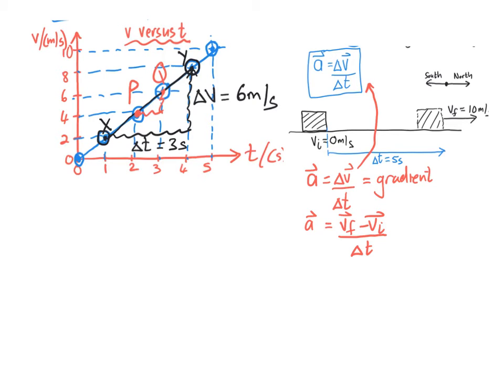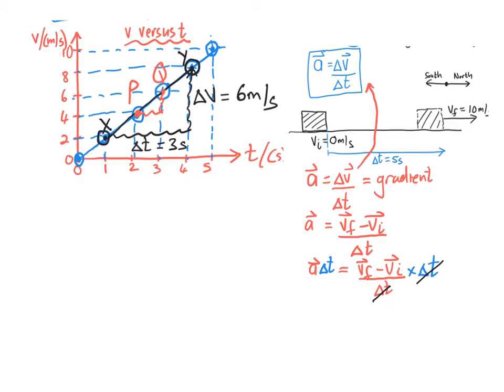And now if I multiply by delta t on both sides, which we're entitled to do, then we see that mathematically speaking, the delta t over delta t cancels to 1.